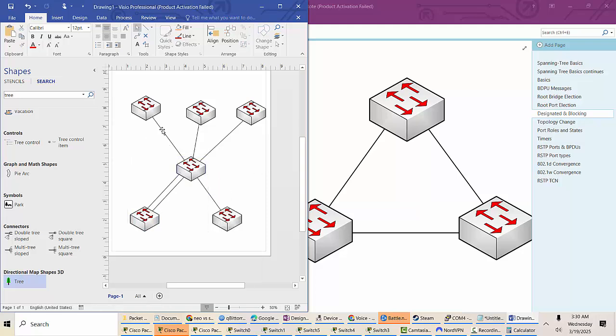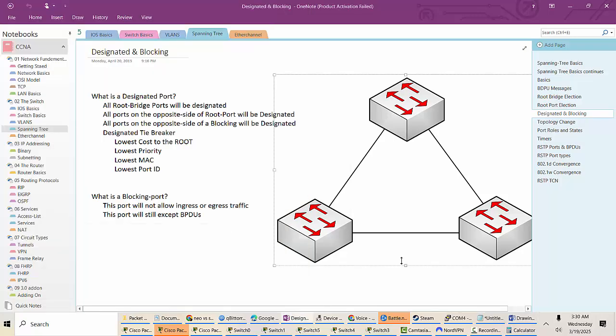So, is it possible for another link on that device to have the same MAC address? Absolutely. So the only way to figure out which one will be designated between these two links, between these two switches, is going to be the port ID. That's how you get the same MAC address in that scenario, and the lowest port ID is going to win and become designated. Come on, guys. Tell me that's not awesome.